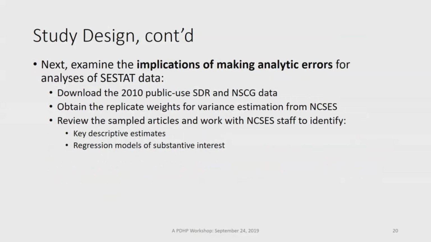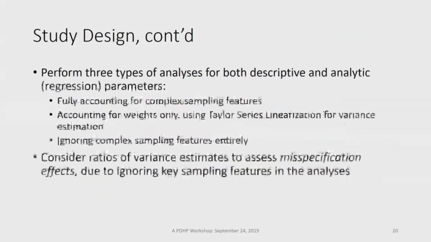And then we reviewed the sampled articles with the NCSES staff to identify descriptive estimates and regression models that would be of interest to data users. So we worked together with the program officers of these different surveys to try to identify things that the users are really doing a lot. A lot of this was informed by the articles that we ultimately sampled.